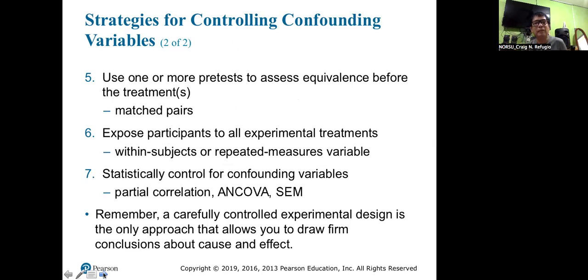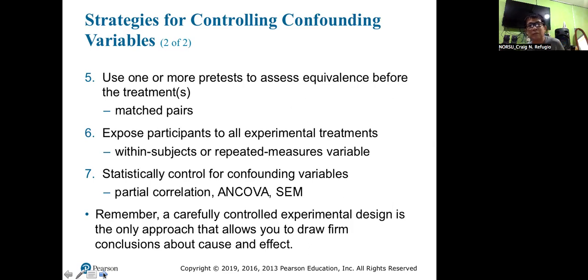Number 6, expose participants to all experimental treatments, within subjects or repeated measures of the variable. The repeated measure of the variable must be considered. It should not be done only once or twice, but you have many repetitions to see what you want to see in terms of the effects of the independent variable.